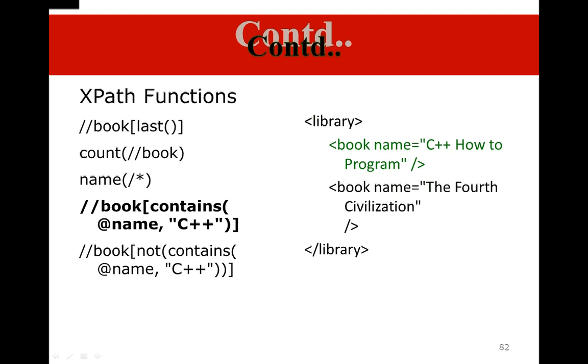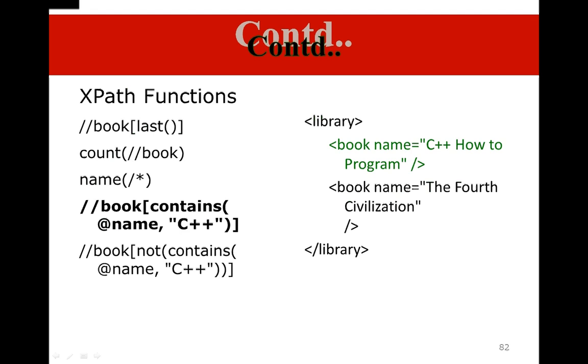And the next one is //book[contains(@name, 'C++')]. If you see the XML document, there is something called a book element. It selects the books which contain an attribute called name with a value containing C++.